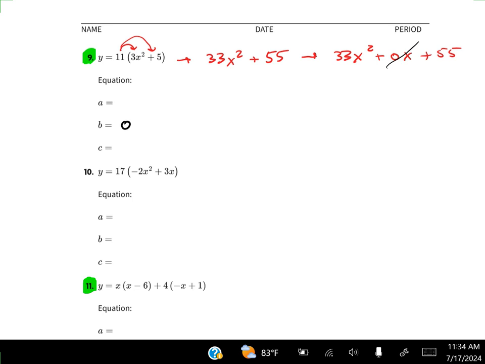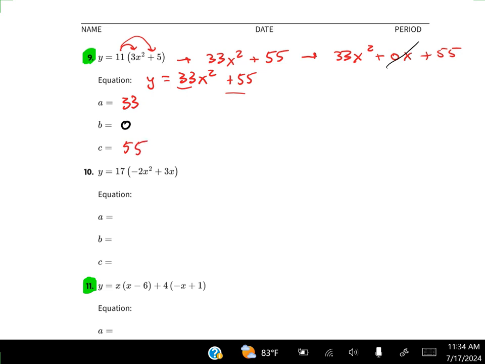So the equation, I'll rewrite it here a little bit clearer. I'll start with y equals 33x squared plus 55. In this case, a is our 33. We already said that b is 0, and our c is a standalone 55.